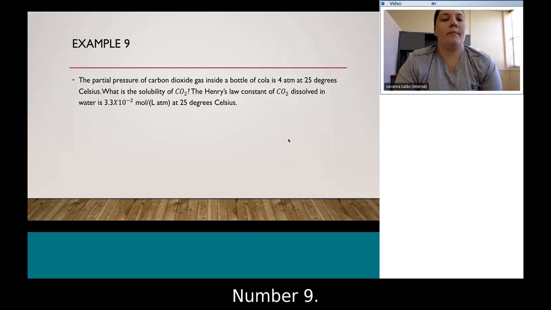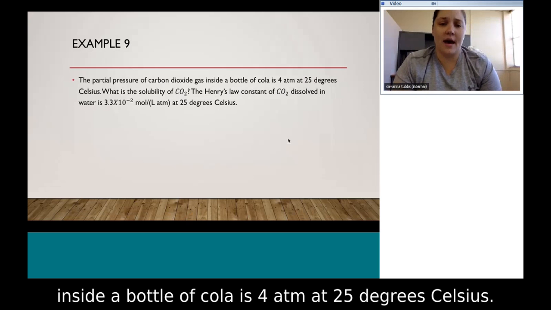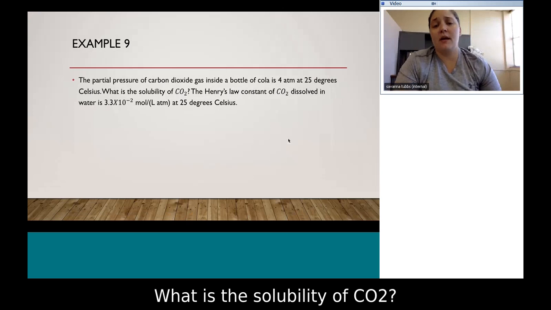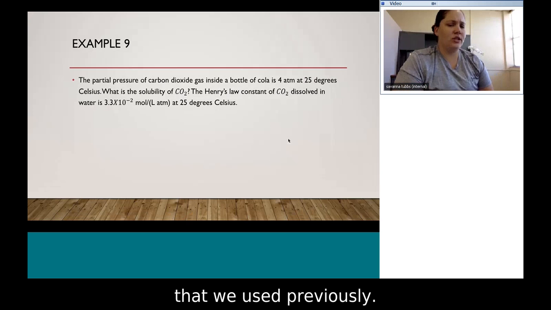Number 9. The partial pressure of carbon dioxide gas inside a bottle of cola is 4 atm at 25 degrees Celsius. What is the solubility of CO2? So we know that we're going to be using the same equation that we used previously.